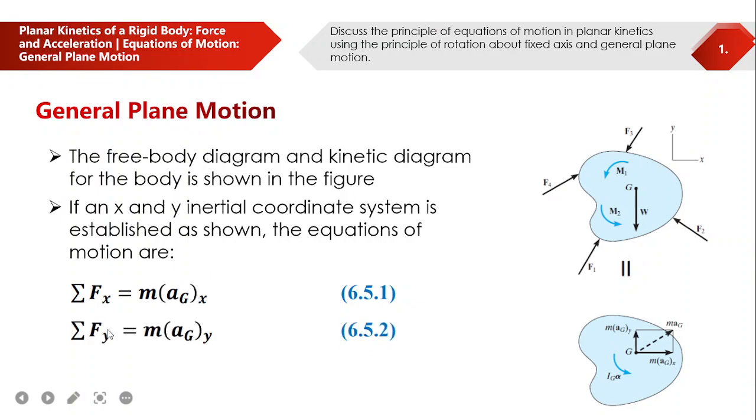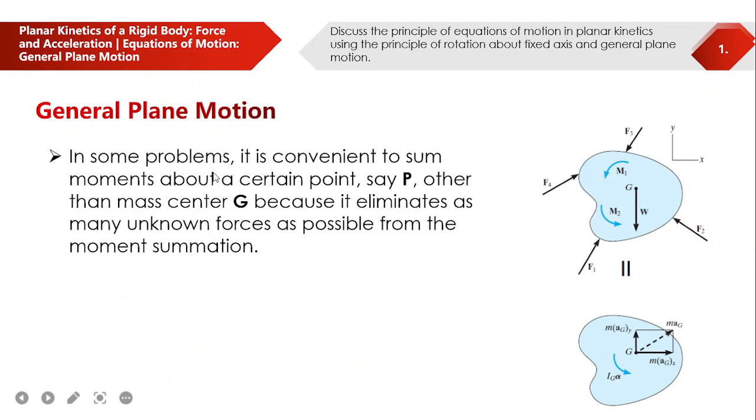Ito yung gagamitin natin. So at forces along y naman, we have acceleration along y. And then for our moment, or summation of all the moments at point G, that will be I sub G times alpha. Okay?